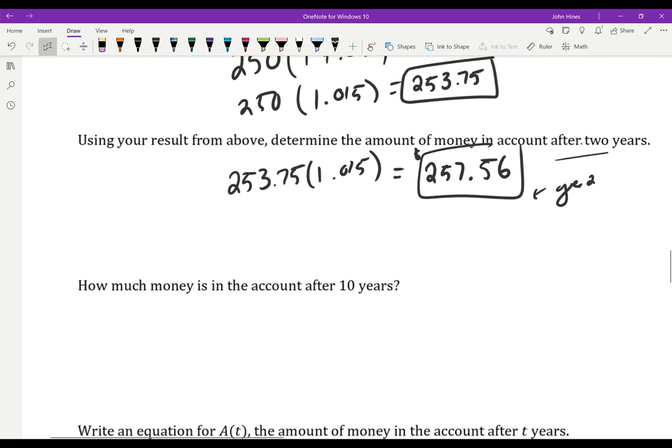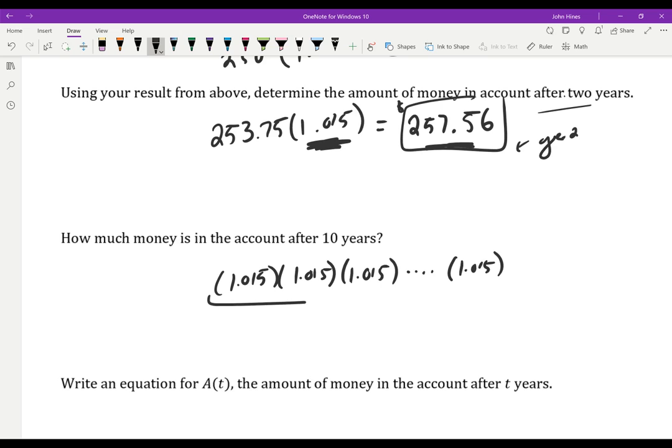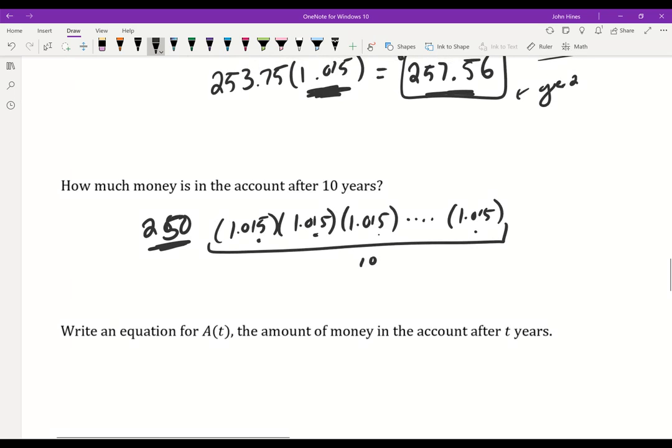How much money is in the account after 10 years? So it looks like I just need to keep multiplying. I'm going to take this answer and multiply by that, and then multiply by that. So this looks like repeated multiplication. I have 10 years of interest to earn. I'm not writing out 10 of these, it's going to take too long. This is my initial 250, and then I kept multiplying each year by that multiplier to add on the interest.